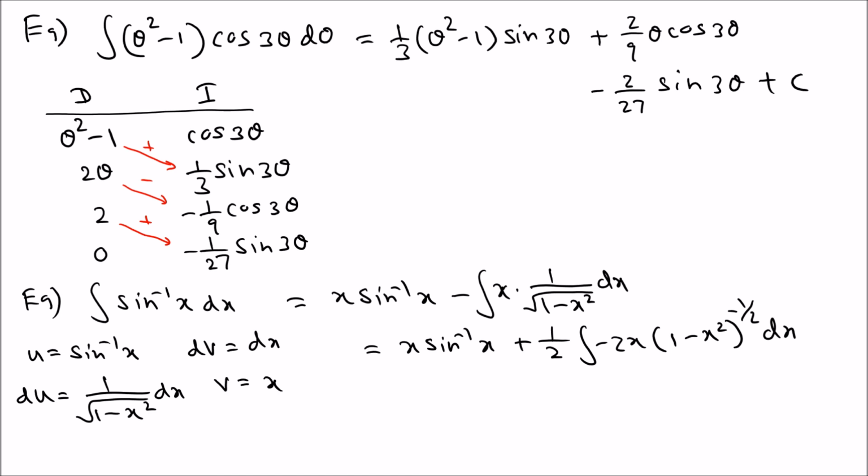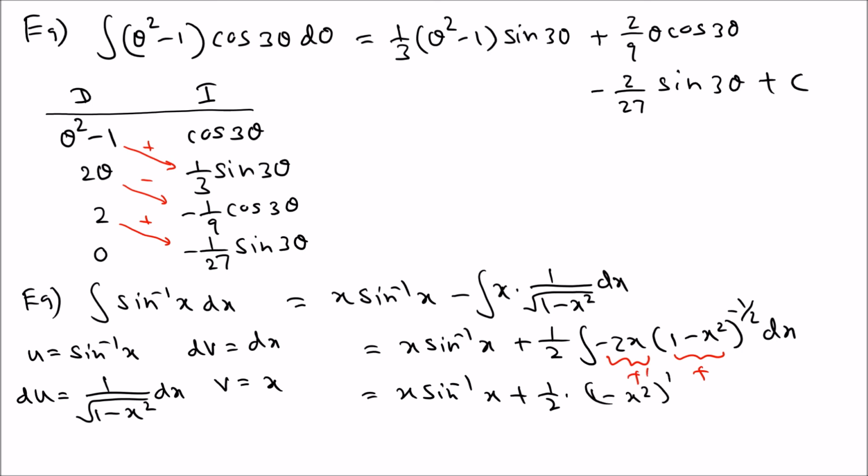So we can just use the general power rule now. So that means x sine inverse x plus 1/2. Since we have the derivative, we're going to use the formula trick now. Because that's the inside function, you're going to see the derivative there. Just treat that function as x. So if you do that, it is 1 minus x squared.